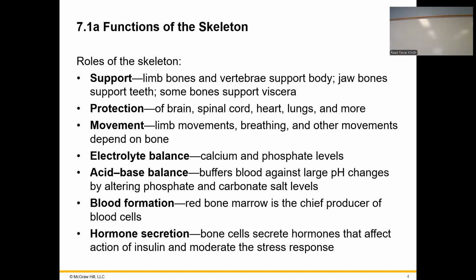Now, the second thing we need to know is that your bone is like a mountain of salt and minerals. Your bone is rich in calcium. Your bone is rich in phosphate salt. So that's important for calcium homeostasis. If calcium drops in your blood, remember we said we are preoccupied with restoring homeostasis from hypo and hyper. So if you have hypocalcemia, we go to the bone, we degrade the bone, we scratch the bone, we liberate calcium from the bone powder, and that brings the calcium level in the blood back up.